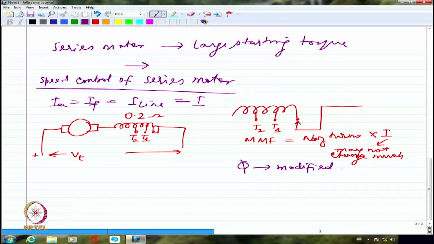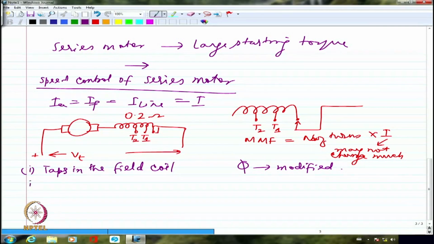If the flux decreases, it is like the field weakening zone. So it is going to have an increase in the speed. So I would be able to get an increase in the speed if I go for lesser and lesser number of turns. Right? So one of the methods is actually taps in the field coil.